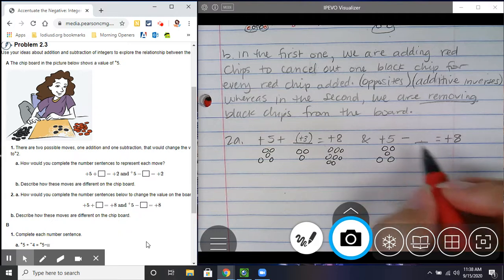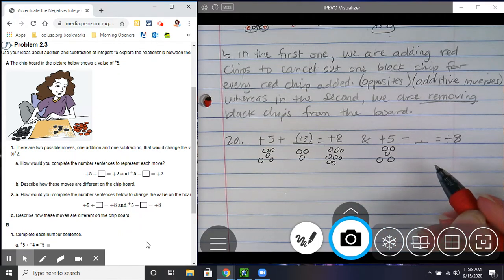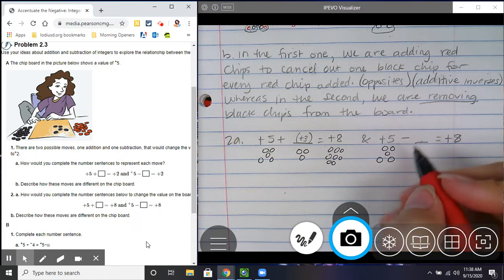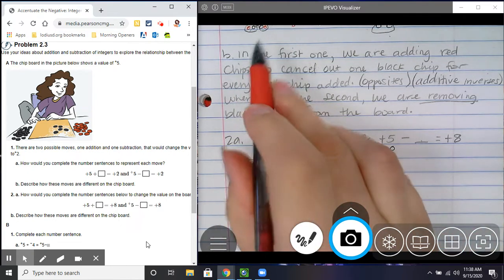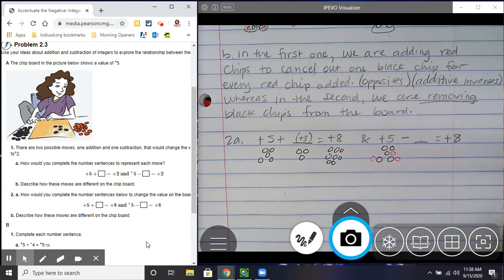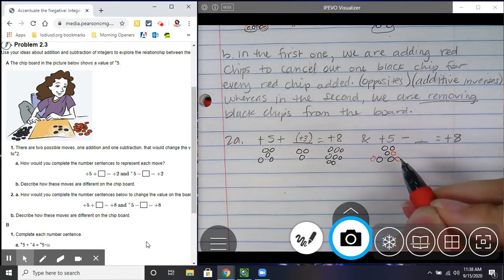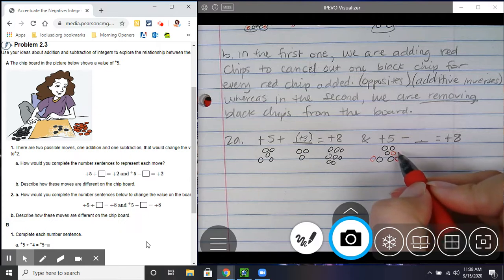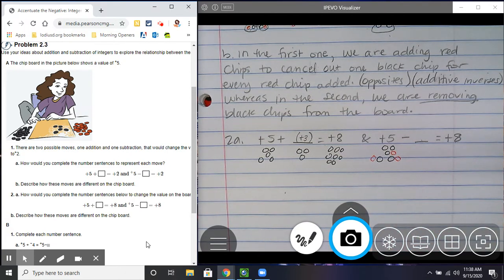So if we were to, man, this is a hard one to show in a picture. If we were to do what we did up here, if we added these here, we would have to undo. Oh man, I don't know how to explain this picture.